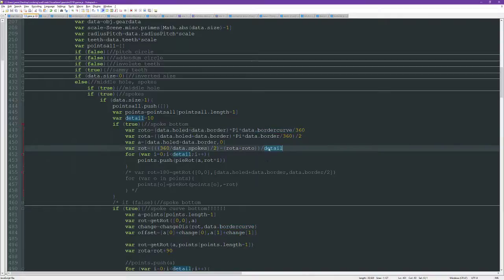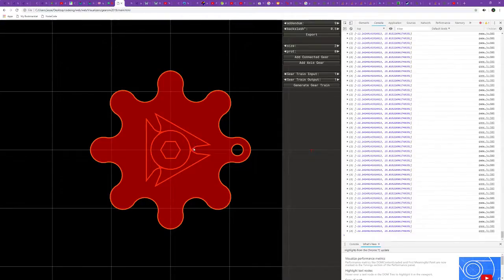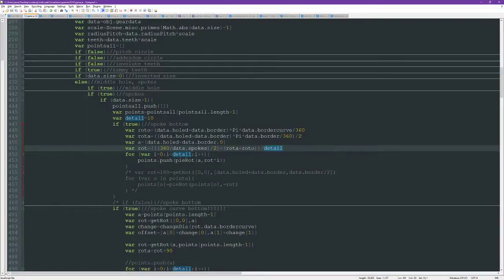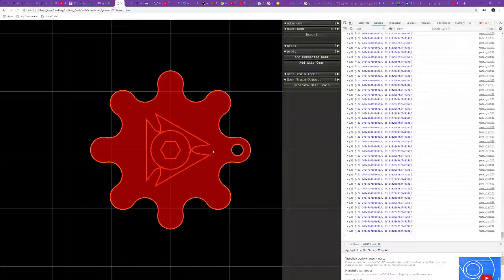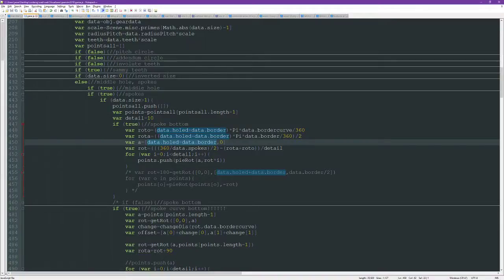And then we want a detailed amount of those things arrayed around here. So divide by detail, loop through, add detail times I to A, the original starting location, so it rotates around a bit more and a bit more, always starting from the same 0 location. Great. That's what you're supposed to do.